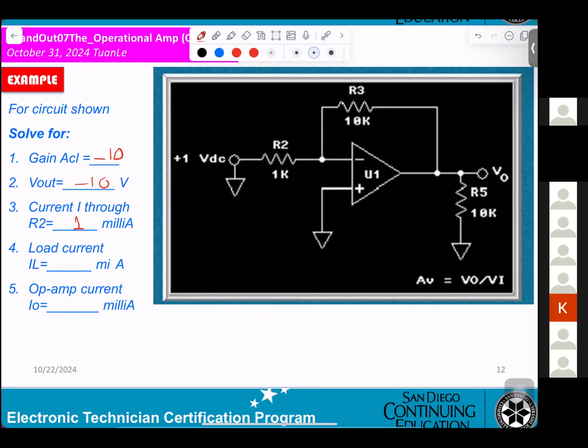Perfect. Total current. So is that 2 milliamps? Perfect. You're adding IL and IR3. You add number two and number four together, and that gives you 2 milliamps. Right.